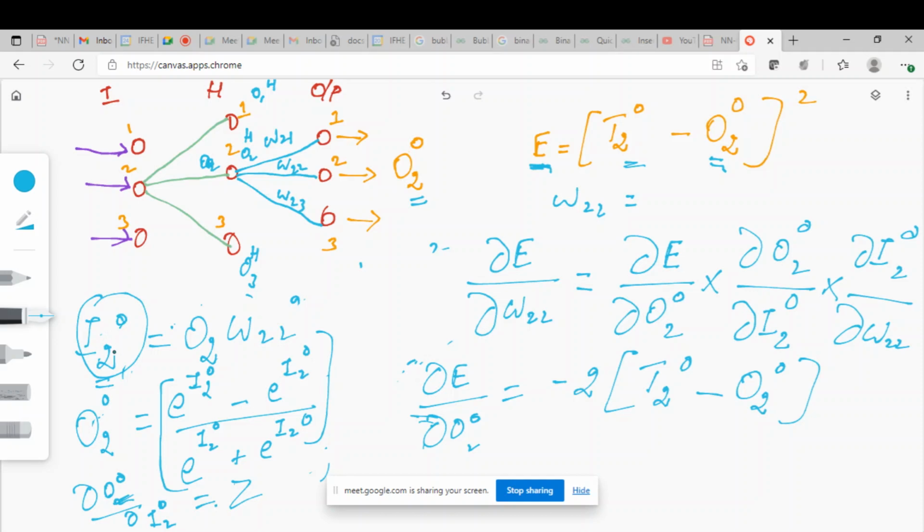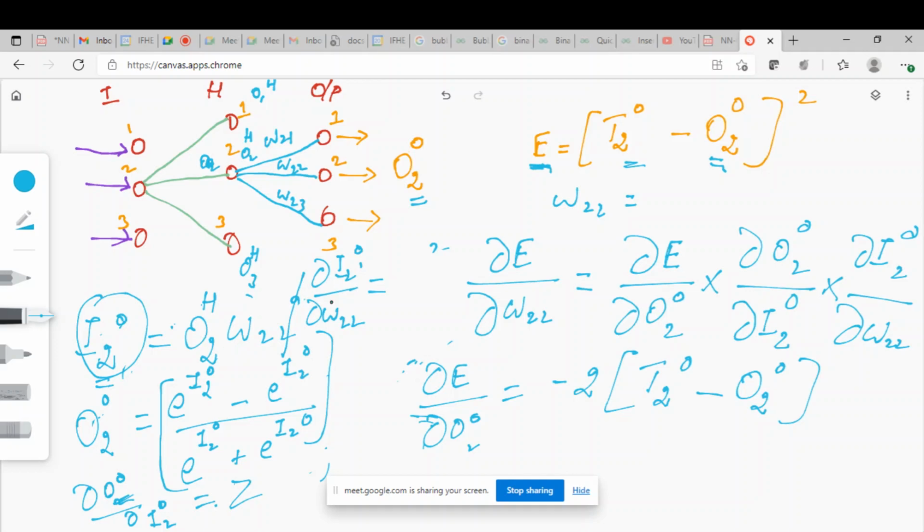Now we have to differentiate I2O with respect to W22. This is I2O, the input of the second neuron of the output layer. When you differentiate the input of the second neuron of the output layer with respect to the weight, what will we get? This is O2H, the output from the hidden layer.